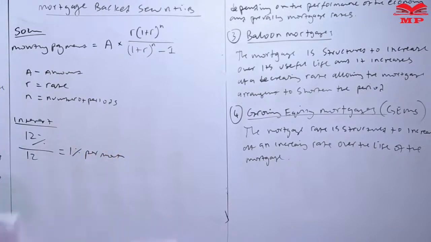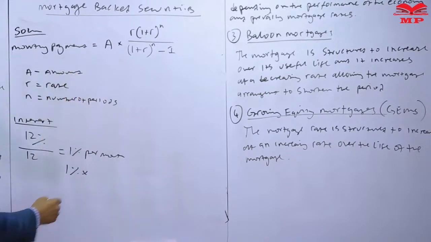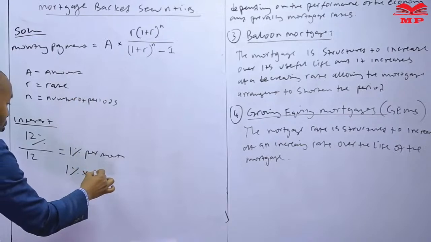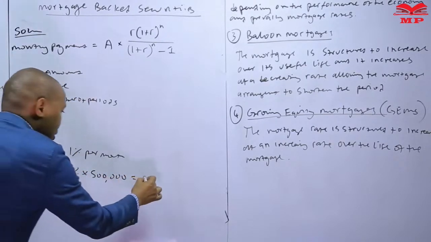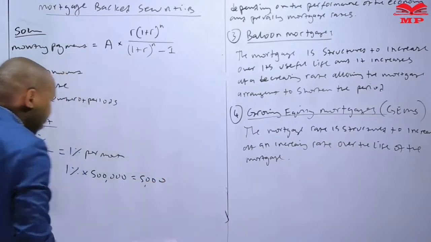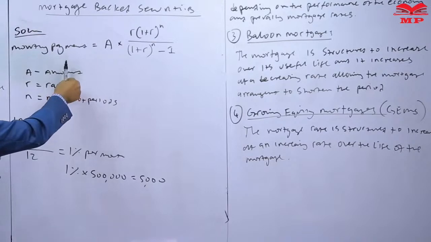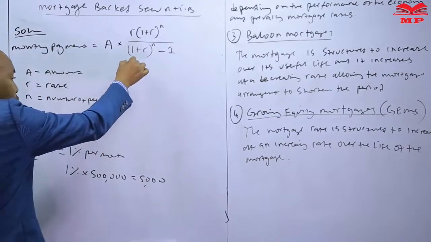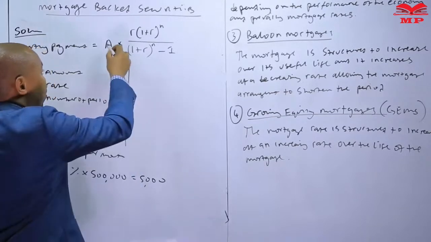The interest will be 1% times the amount, which is 500,000, so that is 5,000. Now, for us to calculate the monthly payment, we can draw a slight line there so that we can fill in the values.